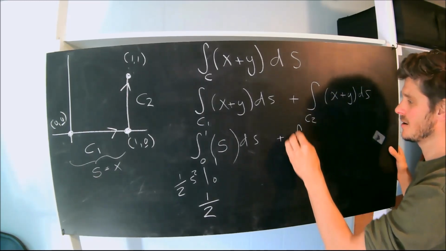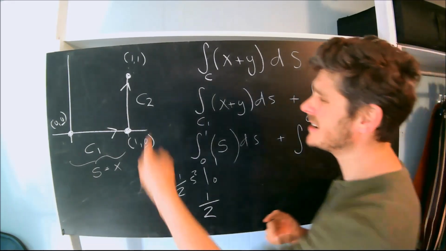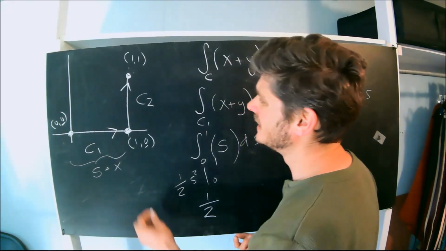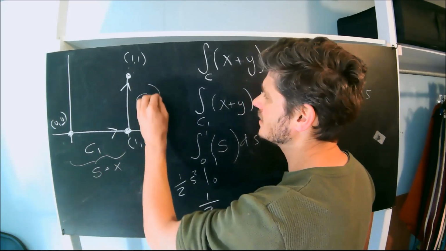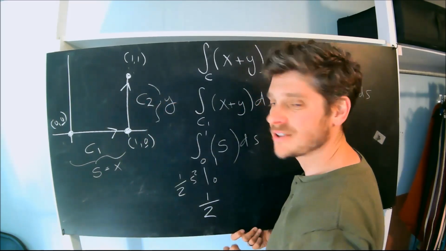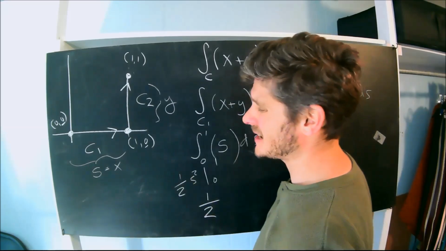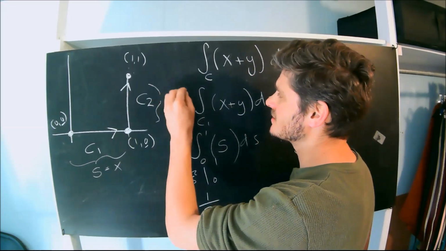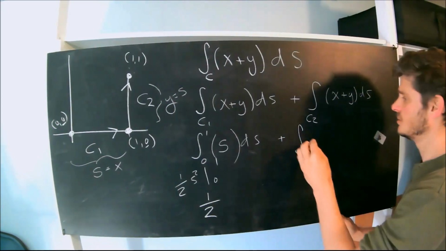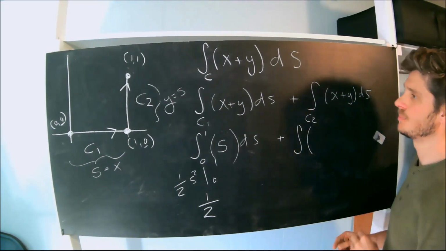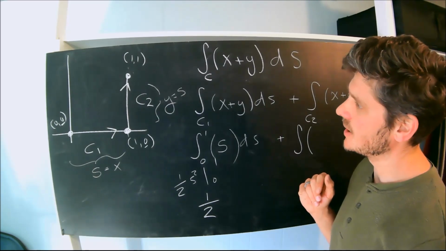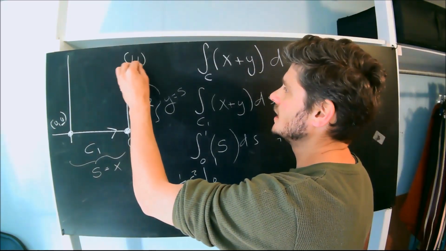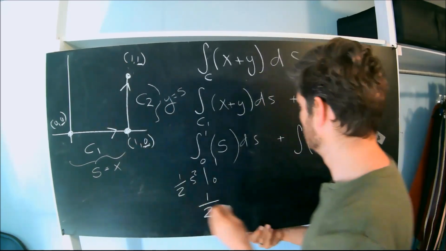So now I need to integrate over my second curve. Well, my second curve is going just straight up. My second curve is only moving in the y direction. So again, I can keep this in terms of s, or y really, I guess. But in this case, y is the same thing as my variable s. So, alright, let's plug it in that way. So going from 0 to 1, again, looking at that y variable.